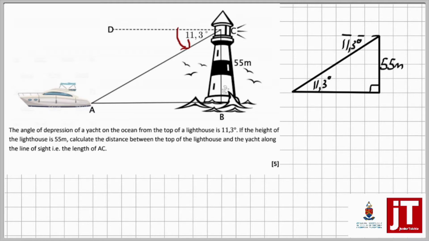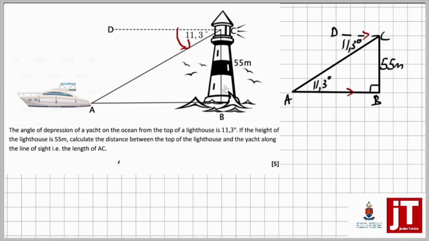But why? Well, it's because it's the horizon. And DC is parallel to AB. Okay? That is a very simple thing that you have to put into your sketch. So I have that bottom angle A, 11,3 degrees.